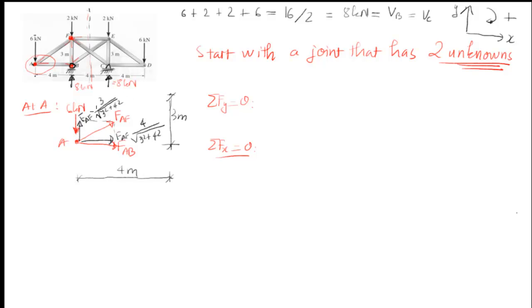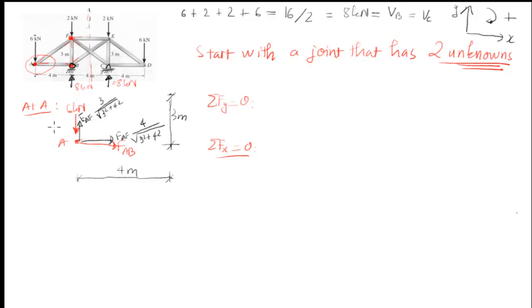After we get these two resultant forces, we ignore FAF. I'll clear this one to make it clear for you, so forget about this one. The forces left to consider are the 6 kilonewton, this force, that force, and FAB, 4 forces with 2 unknowns.